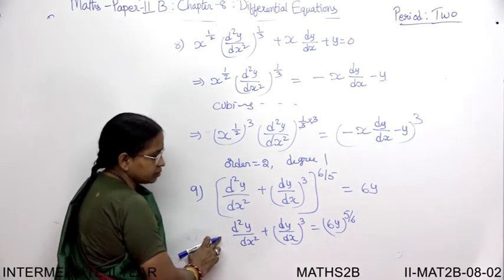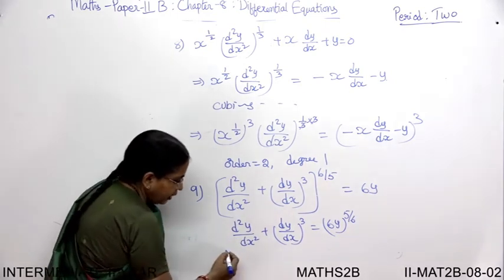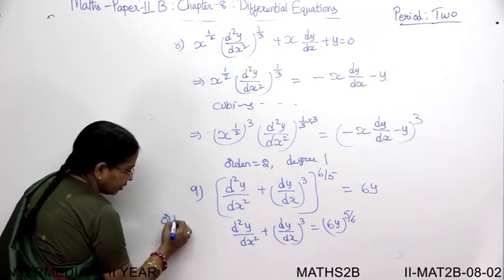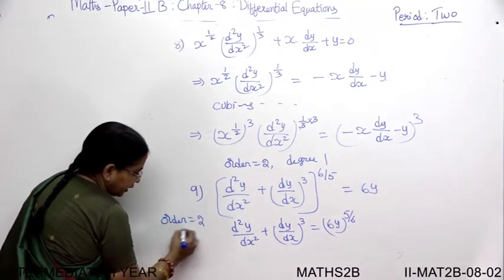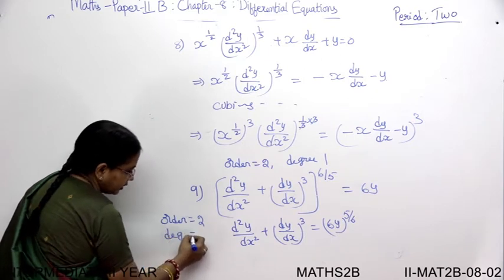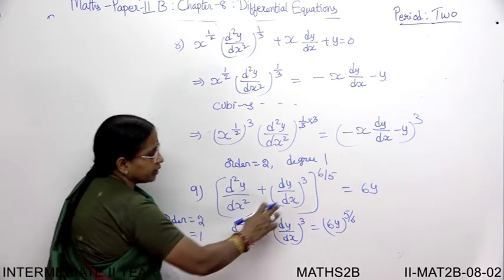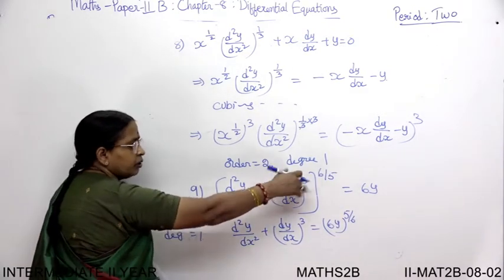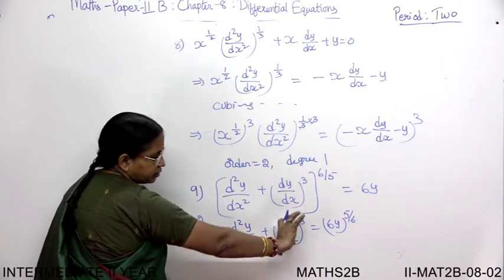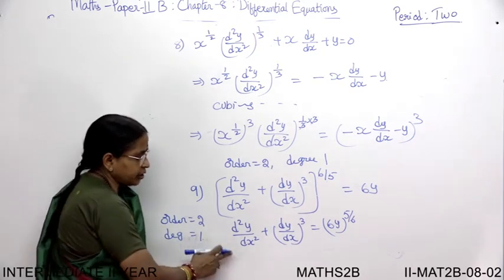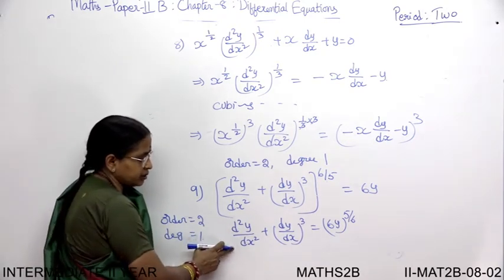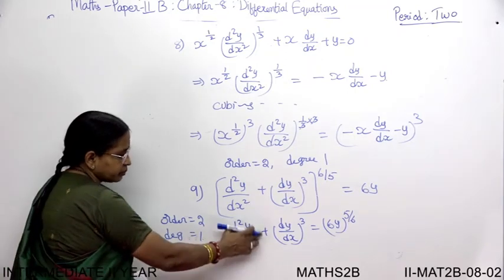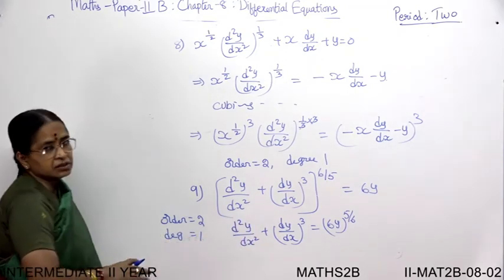Now this is your equation in standard form, so the order is 2 and degree is 1. Don't think of taking only power 5 to that side. You can take the whole power to that side, so that the equation becomes free from fractional powers as far as derivatives are concerned. So the order is 2 and degree is its power, that is 1. This is very important.